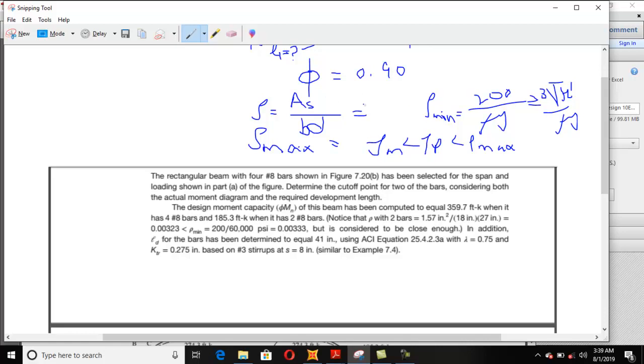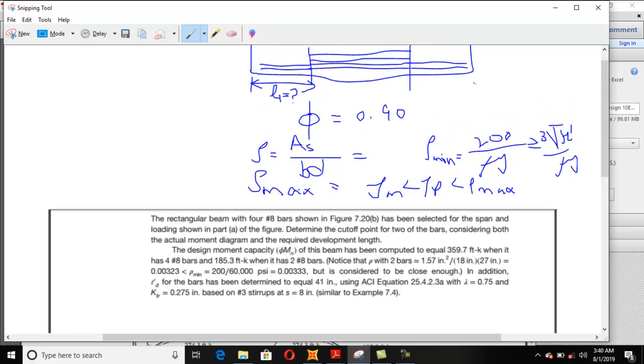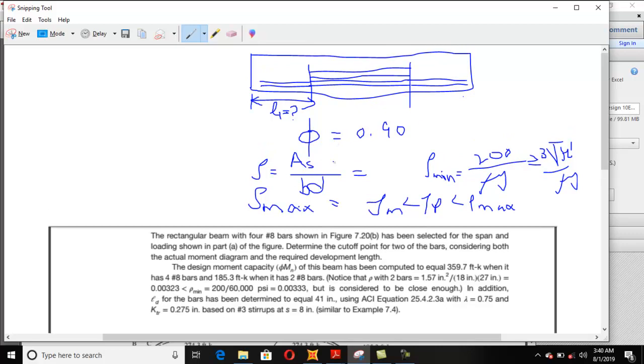Okay, so once you have done this check for 4 number 8 bars, after that you have to check this.